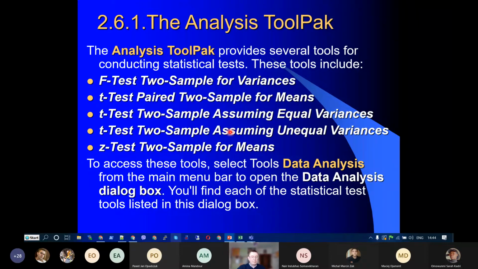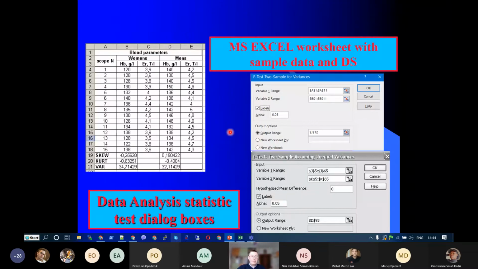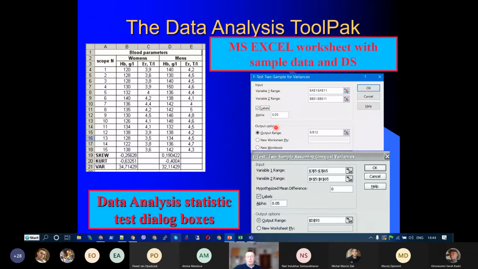Okay. Here is an example of how we can make this calculation. For example, a very simple case: we have measures of blood parameters like hemoglobin and erythrocytes, the simplest blood test, and we want to decide whether blood parameters depend on gender or not. Are they different for men and women?